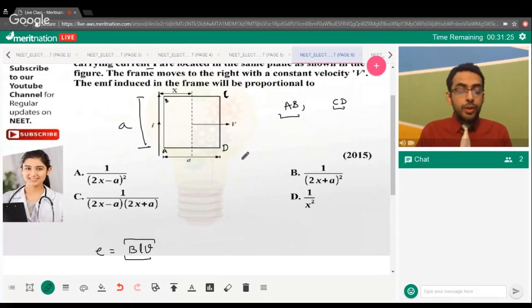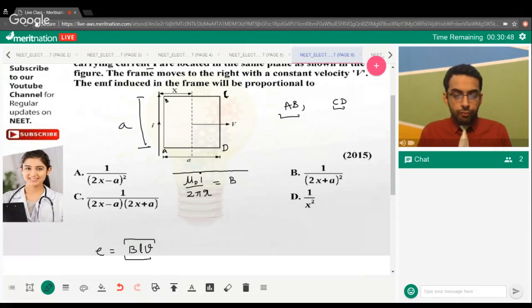So what is the magnitude of the magnetic field across AB? Because it's an infinite wire, the formula is mu naught I by 2 pi r. That is the magnetic field.